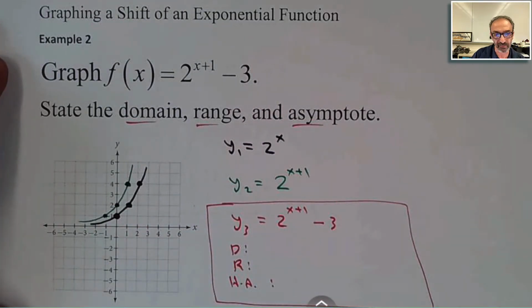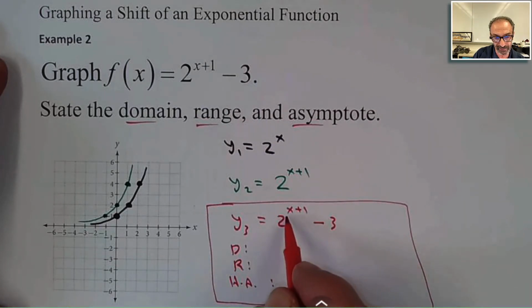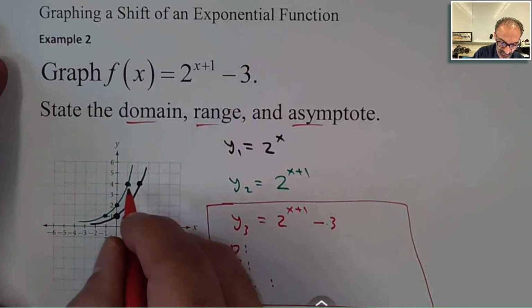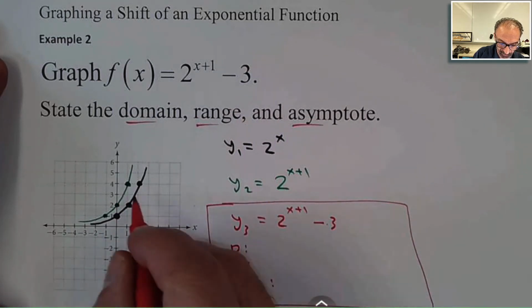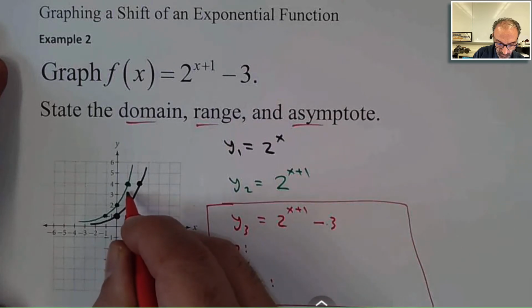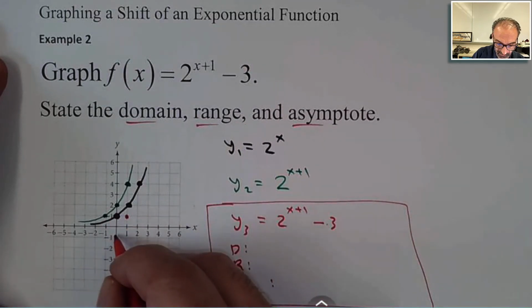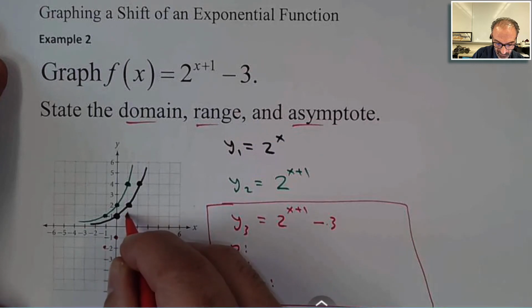Let's go now red. Now I'm going to take the green one down 3 units. From 4 it's going to be at 1. That's 1, 2, 3.